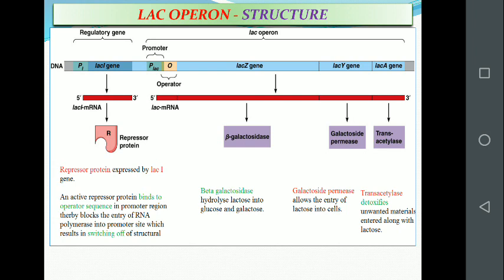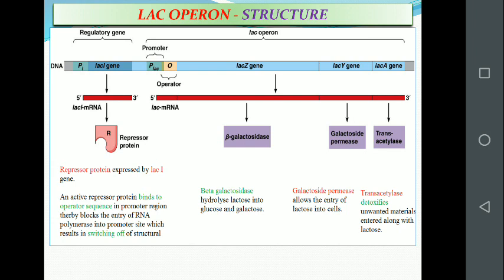So that is why the unwanted molecules which enter bacteria should be detoxified.